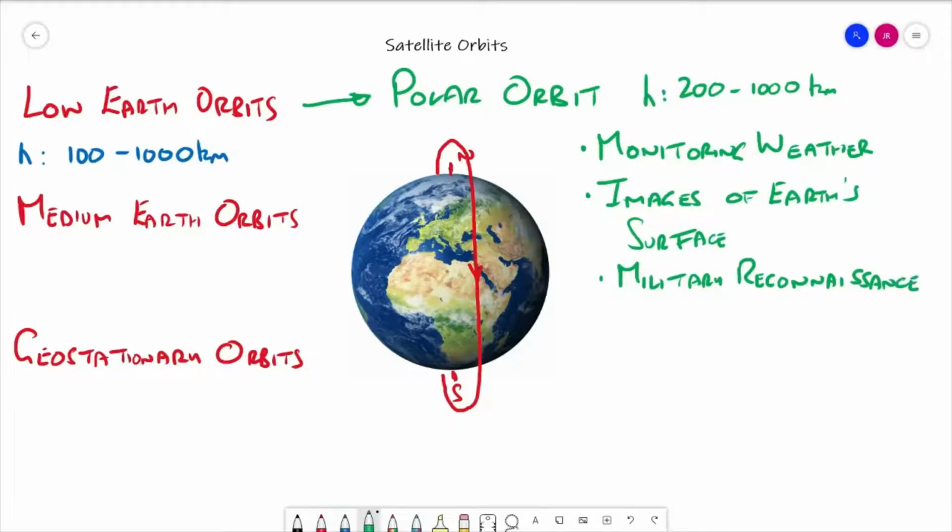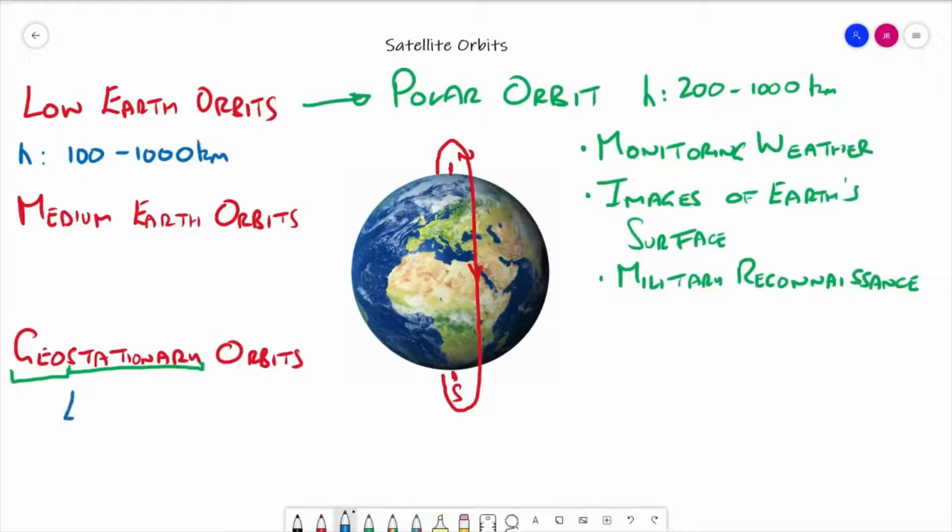Now, at the other extreme, we have geostationary orbits. And with geostationary orbits, the clue is in the name. Firstly, we've got the word stationary, which hopefully by now we know what it means. We also have the word geo.